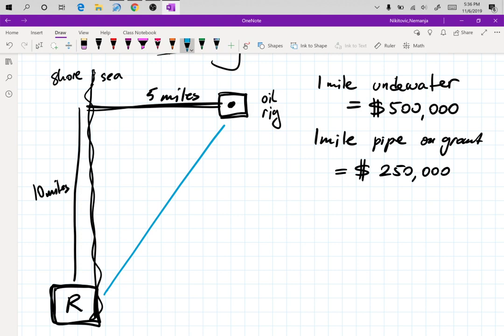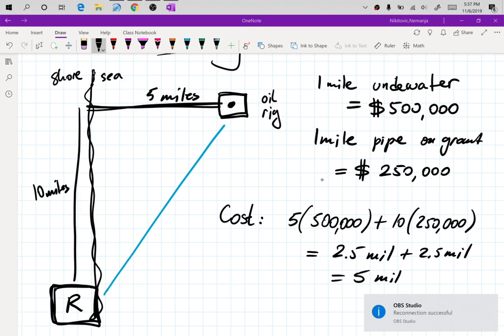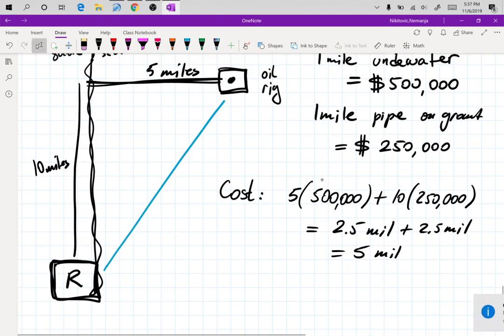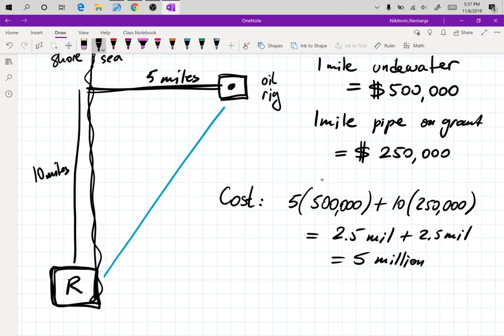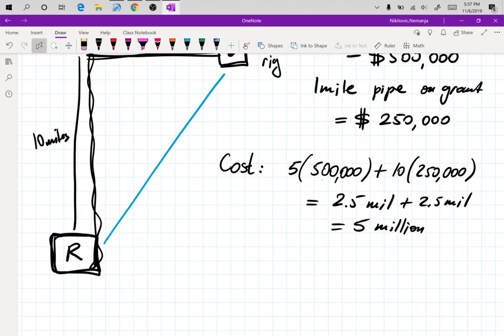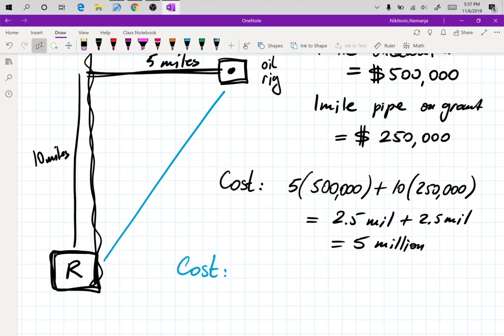So we can run these two costs and see what they are. So black cost, 5 million. So 5 million to go black path. Shortest amount through the water because that's insanely expensive. Now, blue cost. Well, I have to figure out the mileage first.